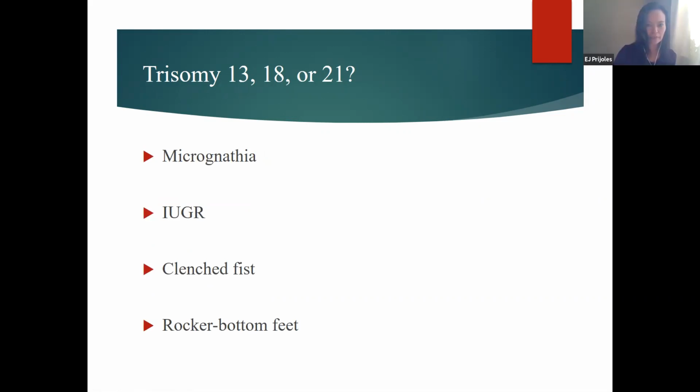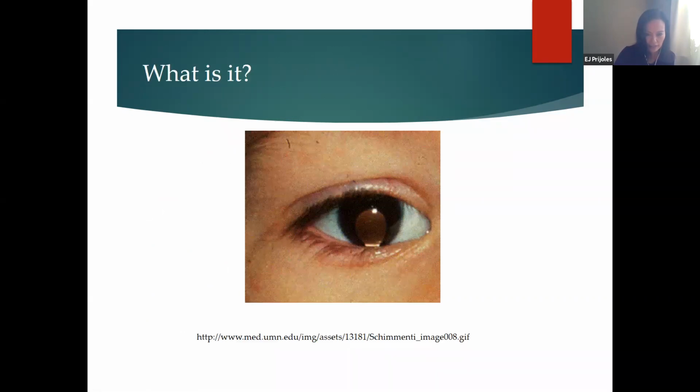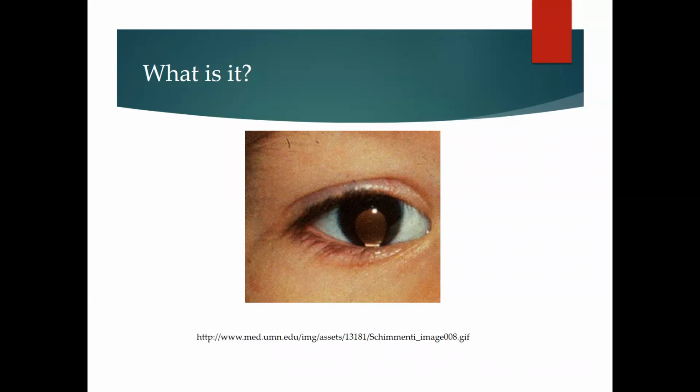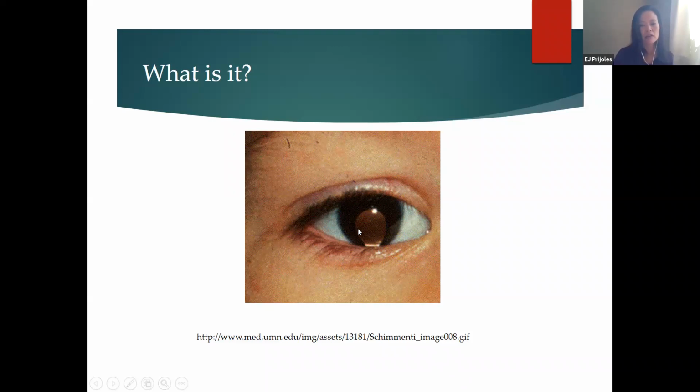Perfect, good job. All right, now what do you see? Coloboma. Yep, so a coloboma of the iris here. It gives a keyhole appearance.